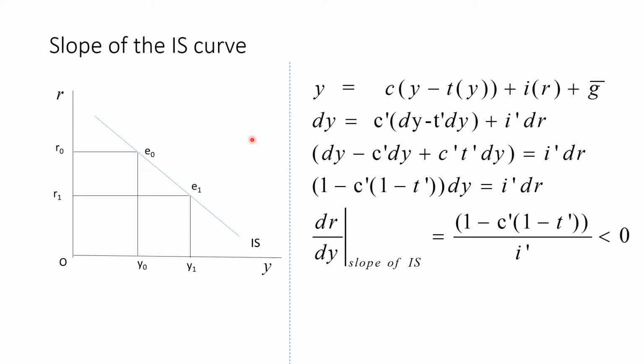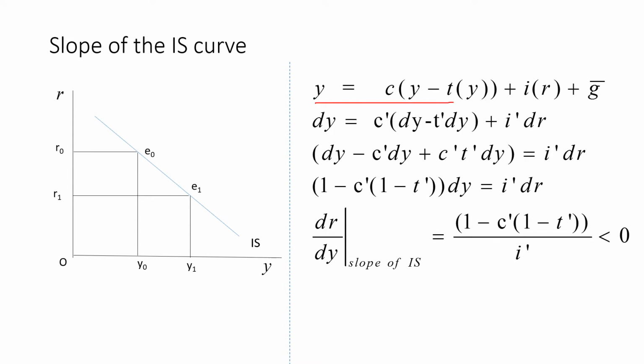So first of all, we want to talk about slope of the IS curve. As you know from our derivation itself, the IS curve is a downward sloping curve like this. So we already know that the slope is negative and we know the logic behind it. Because if you remember how the derivation of the IS curve was done, it was from our product market equilibrium condition.